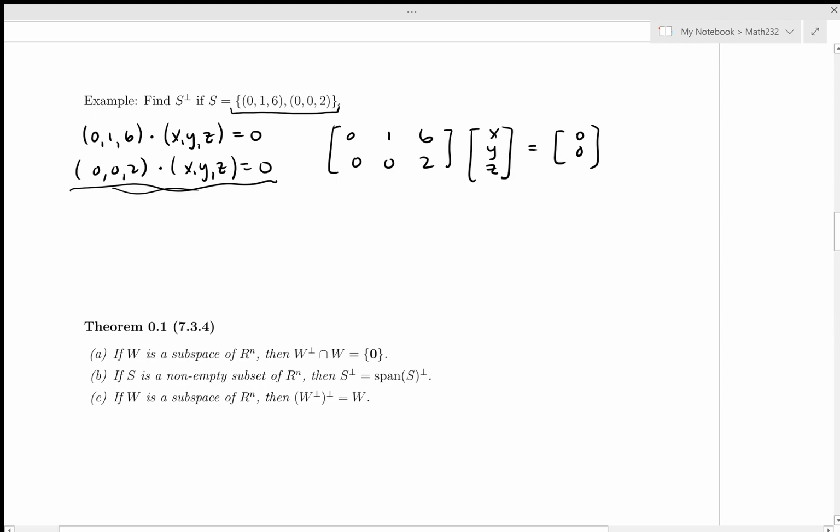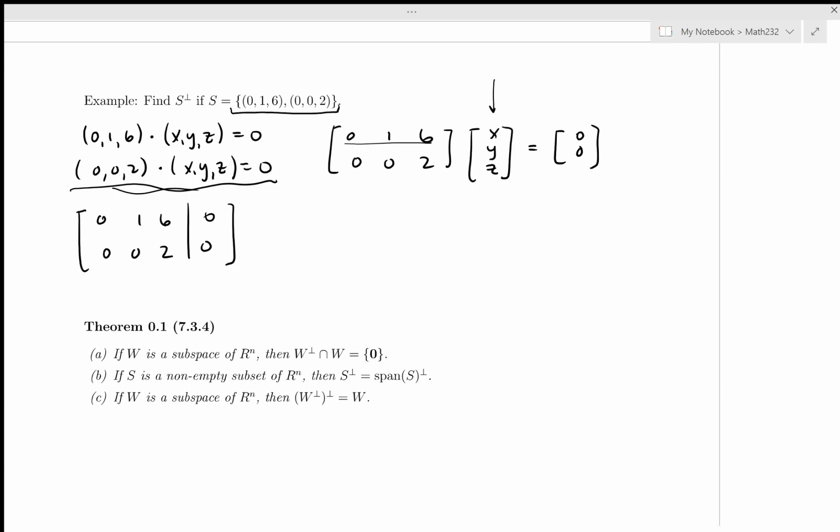So you can see this. I mean, this is 0 times x plus 1 times y plus 6 times z has to equal 0. So then we can, of course, write it as the augmented matrix, and it will look like this: 0, 1, 6, 0; 0, 0, 2, 0. And then we can row reduce, which we don't really have to do much because we're pretty much already there.